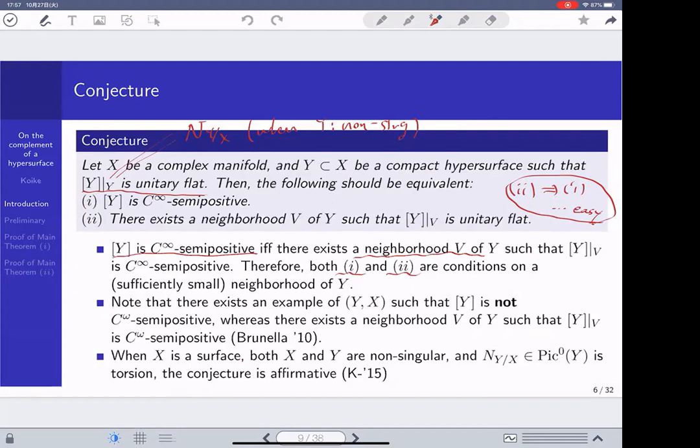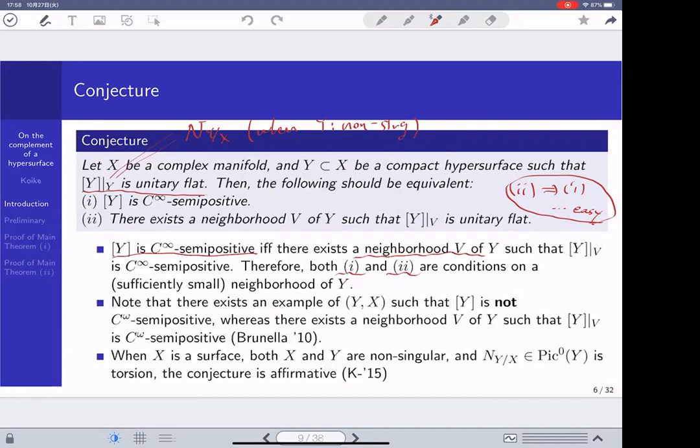The second remark is like this. Note that there exists an example of a pair Y and X such that the line bundle of Y is not C omega semipositive, whereas there is a neighborhood V of Y such that Y restricted to V is C omega semipositive. The existence of this kind of example is shown by Brunella in his paper in 2010.